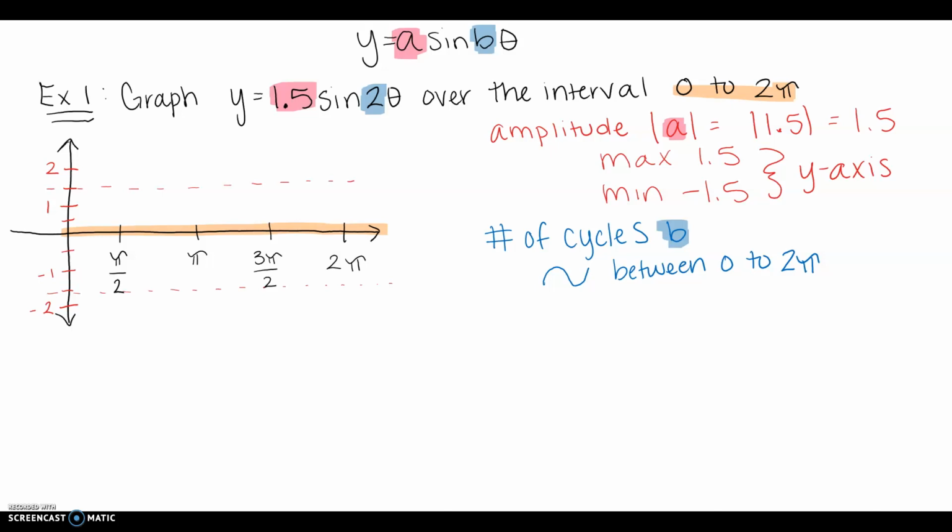So how many of these will it have between 0 and 2 pi? Well, it says B is 2, so there's going to be 2 rotations of this. So we're going to have something like this on our graph.